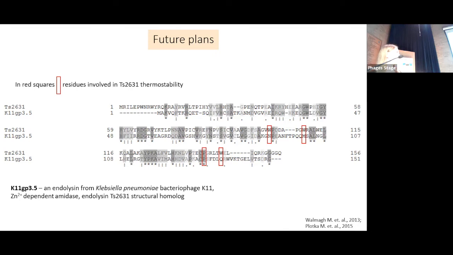For example, we found one enzyme that is a homolog. It is an endolysin from Klebsiella pneumoniae bacteriophage, K11GP3.5. And yes, we are looking for more enzymes like this.